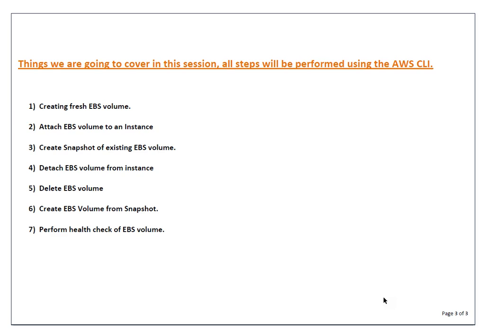We are going to show or discuss how you have to delete an EBS volume when needed. Then we are going to create an EBS volume from a snapshot, and at the end we are going to cover how you can perform health checks, or you can check the state of your EBS volume. So let's begin the technical session, friends.